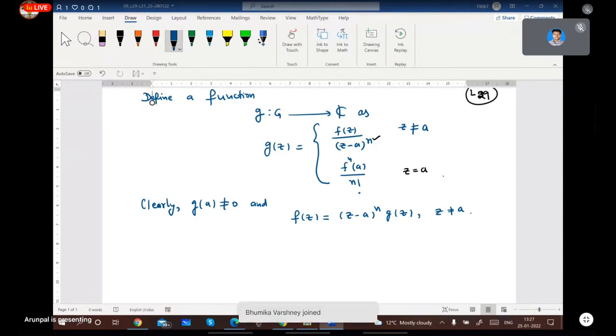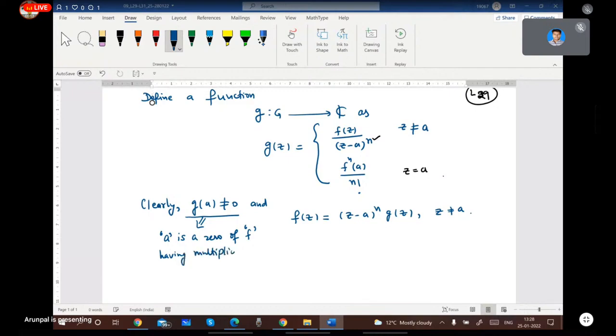Now since g(a) is not equal to 0, this automatically implies, class take a note, that a is a zero of f having multiplicity n.